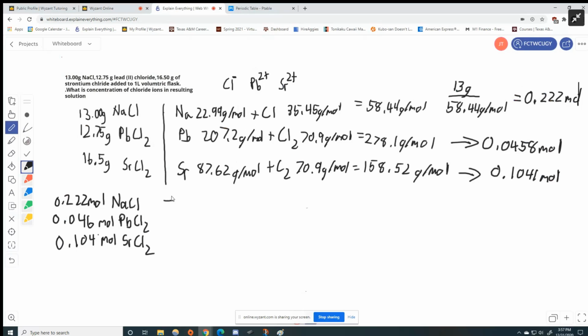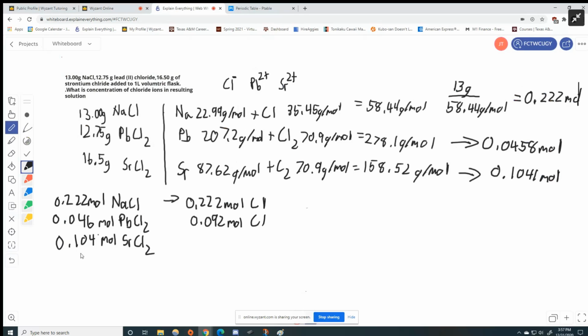So that'll be 0.222 moles of chloride ion. We know this splits into 2, so we have to multiply this by 2 to get 0.092 moles of chloride. Same with this.